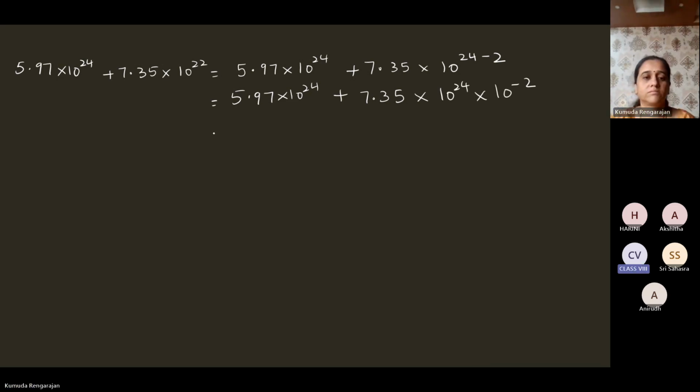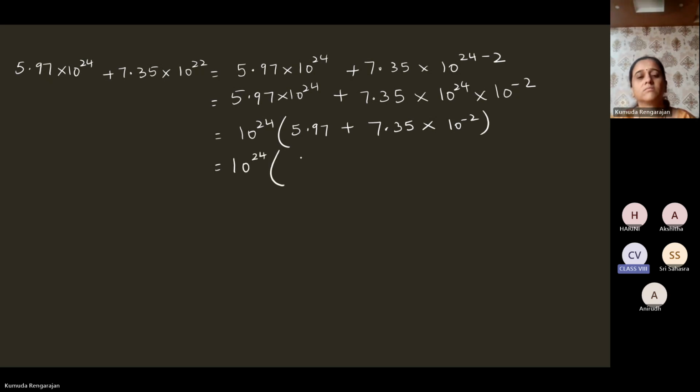Correct. Ma'am, then 10 power 24 is common, so I should write it first. Then bracket 5.97 plus 7.35 into 10 power minus 2. Correct. Next, 10 power 24 bracket 5.97 plus 7.35. Stop. Dhanvan, stop.